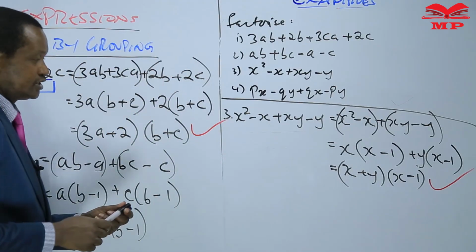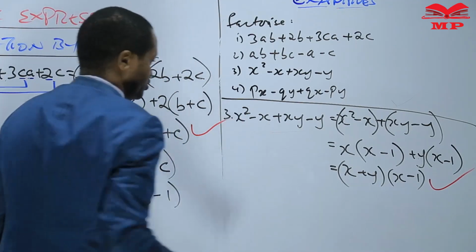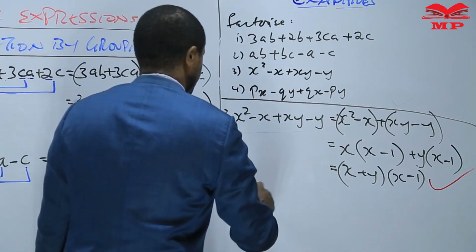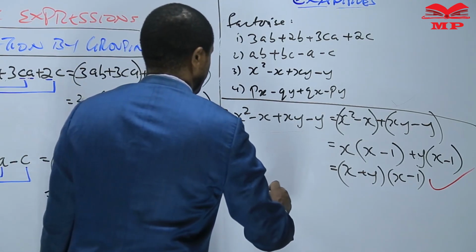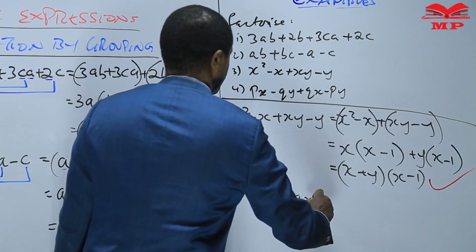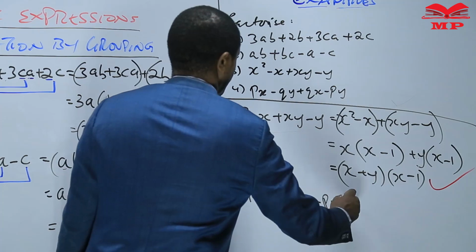Let's work out together number 4: px minus qy plus qx minus py.